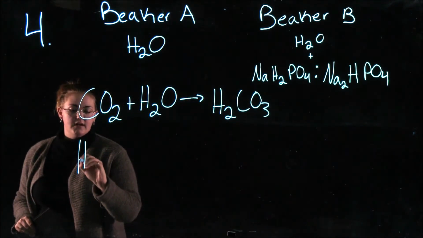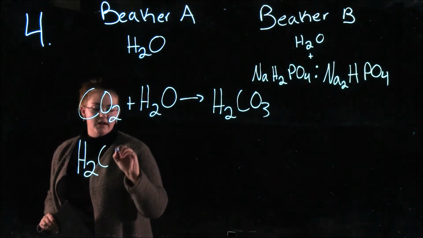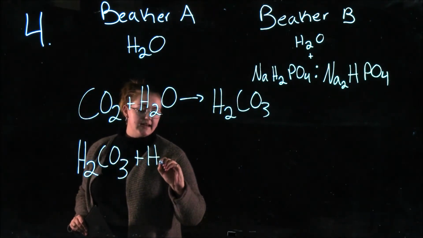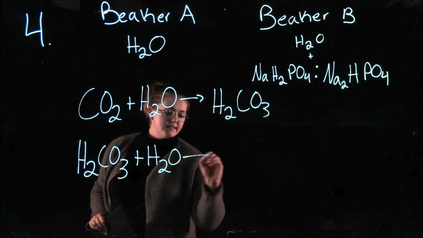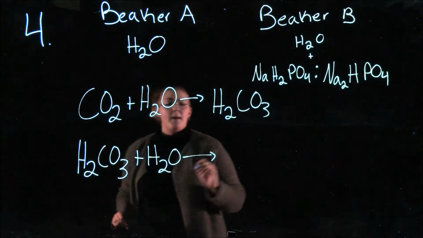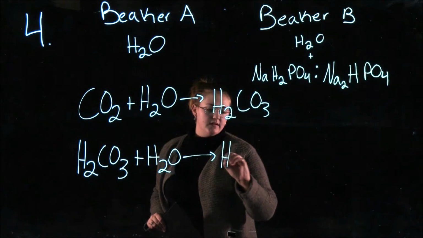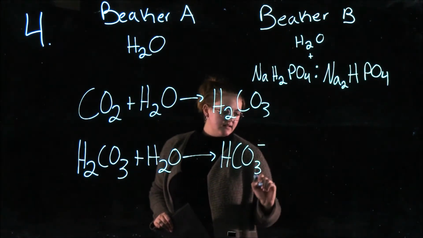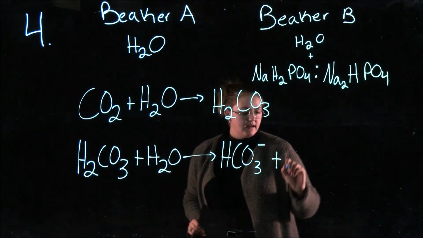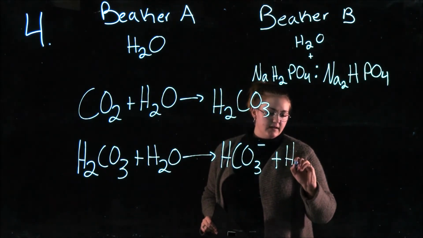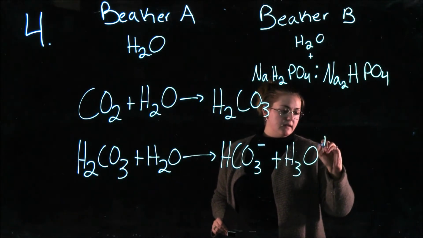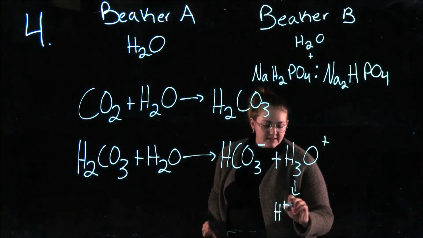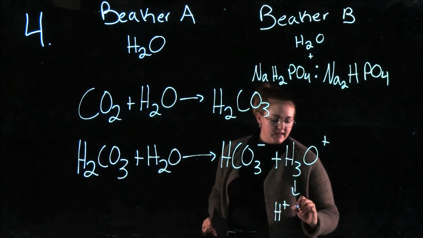So, carbonic acid, H2CO3 in water, because both our beakers contain water. What is it going to make? It's going to form bicarbonate, HCO3 minus, plus protonated water. Another way to write this, H plus protons, hydrogen ions, and water.